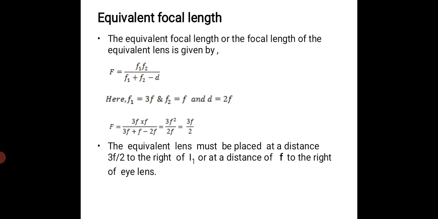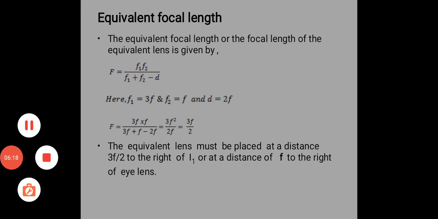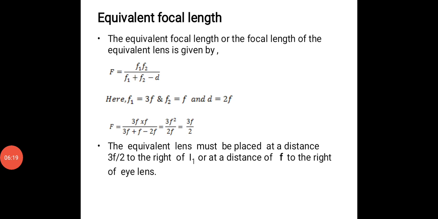Now we will see the equation for equivalent focal length. For the equivalent focal length, we have the condition for two lenses separated by distance d. Equivalent focal length F is equal to f1 f2 divided by (f1 plus f2 minus d).